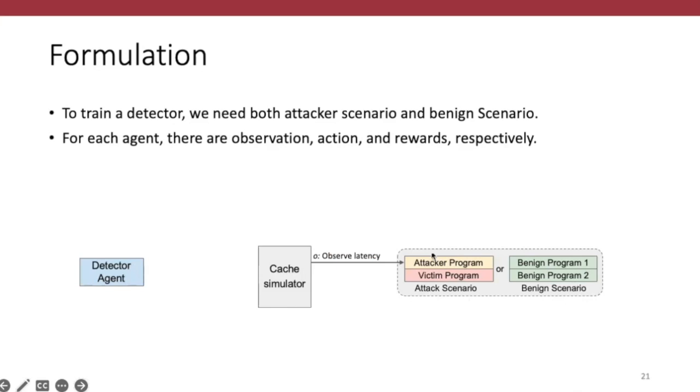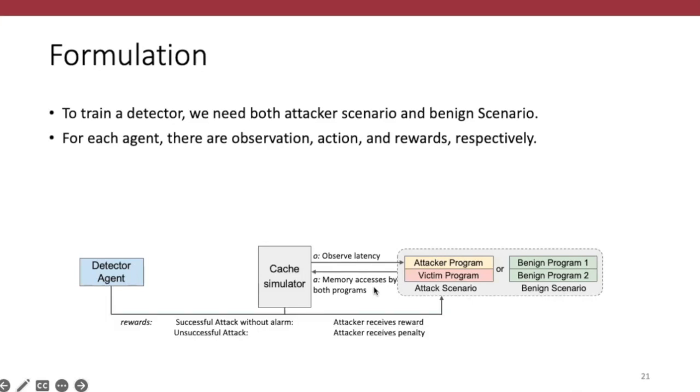For the attacker part, it is exactly the same as AutoCAT: it observes the latency from the cache. The action space is memory access or making a guess. And the reward here, in addition to whether the attack is successful, we also add reward based on whether the attack is successful without an alarm from the detector.